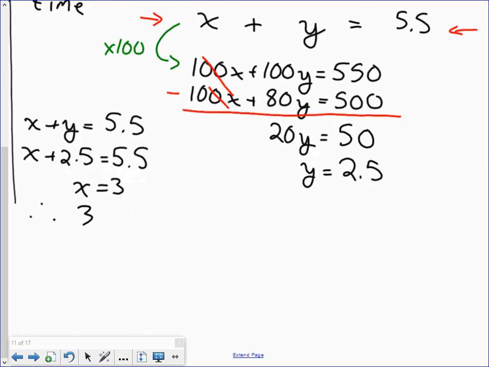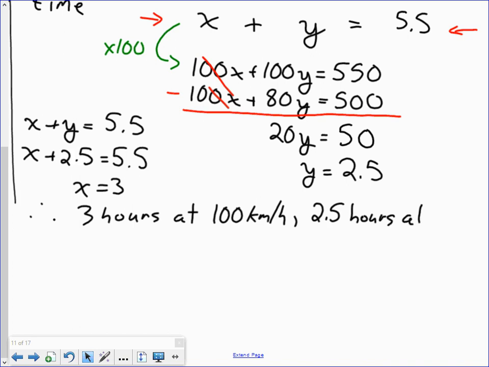So we can say 3 hours at 100 kilometers per hour, and then 2.5 hours at 80 kilometers per hour. So we've answered the question that they asked us in the problem.